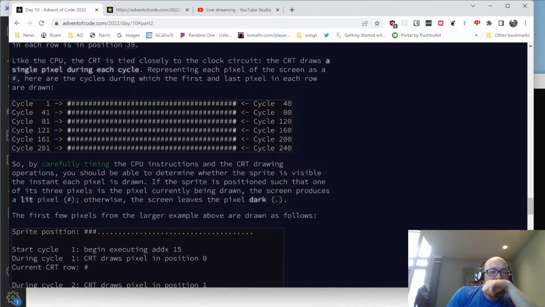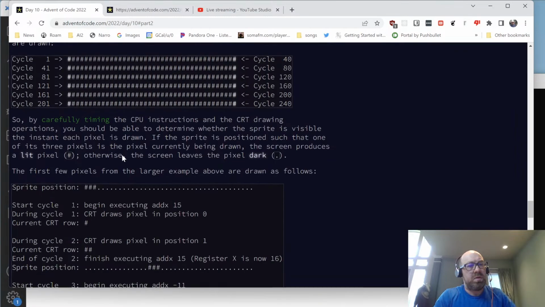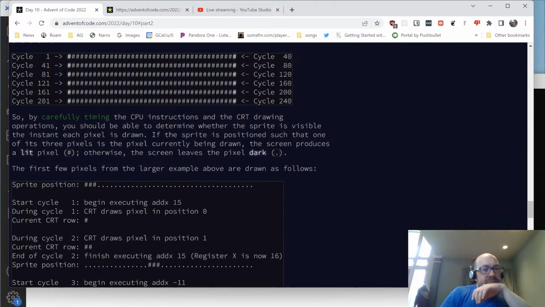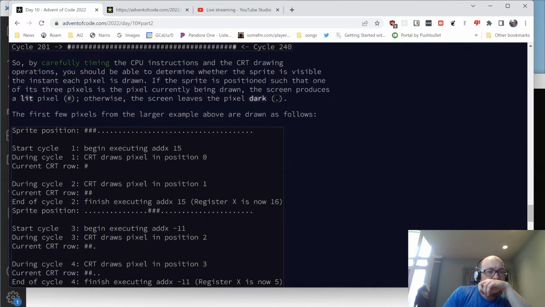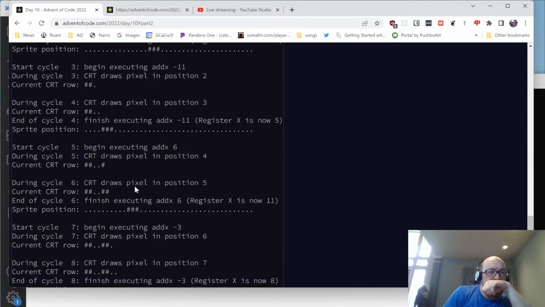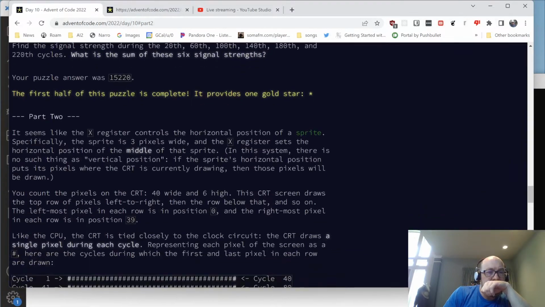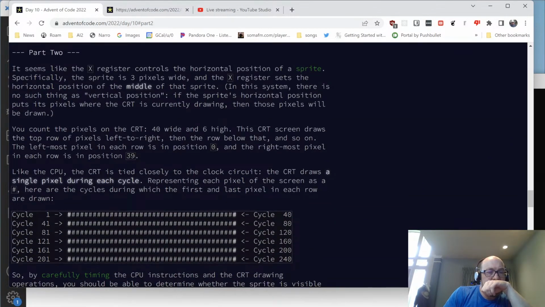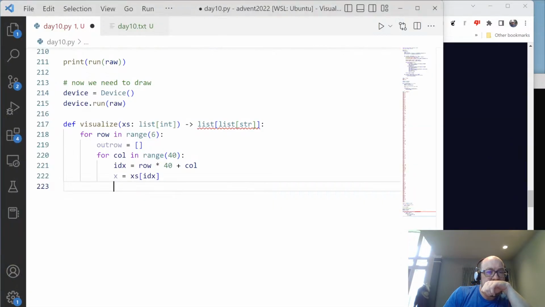CRT draws pixel in position, no, not 0. So position 2. So we don't have an off by 1 now. So cycle 1 is position 0.